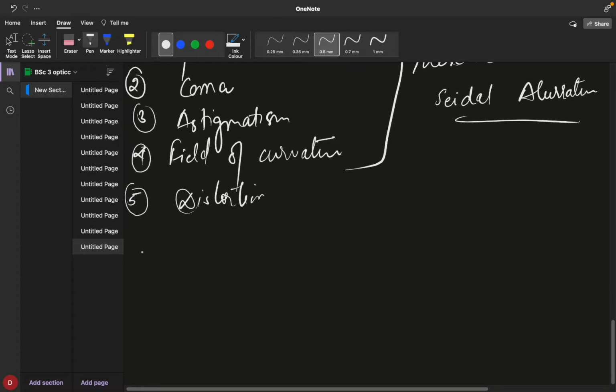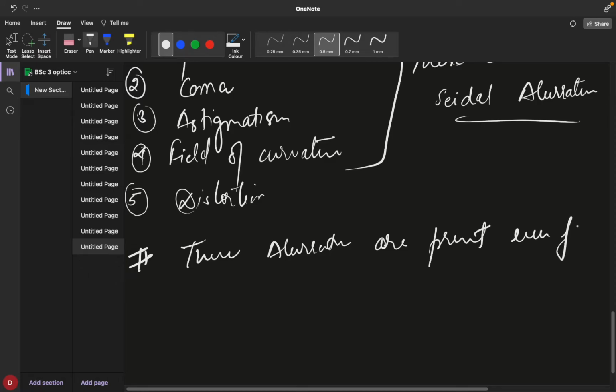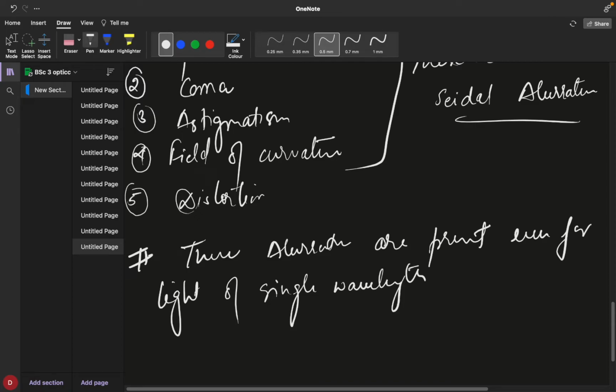One more thing, just note this down. These aberrations are present even for light of a single wavelength.